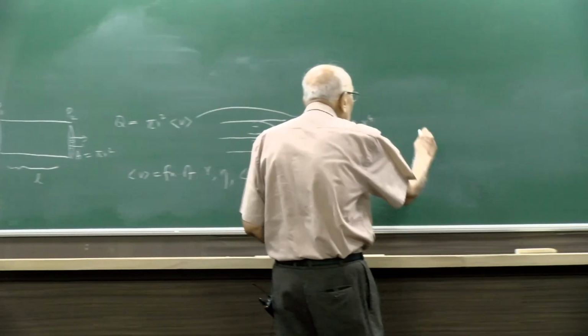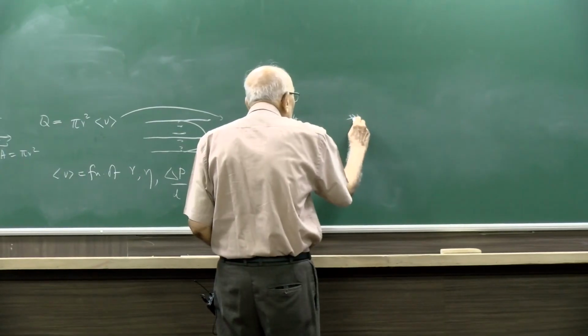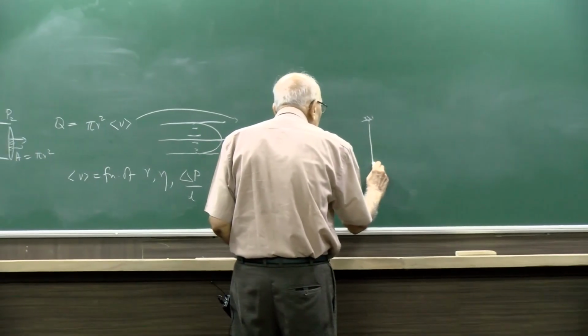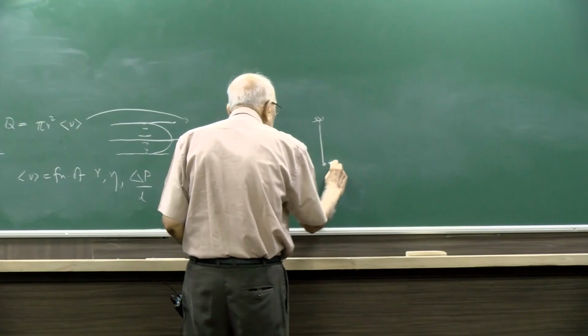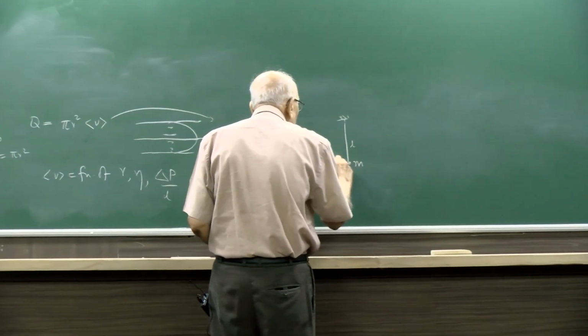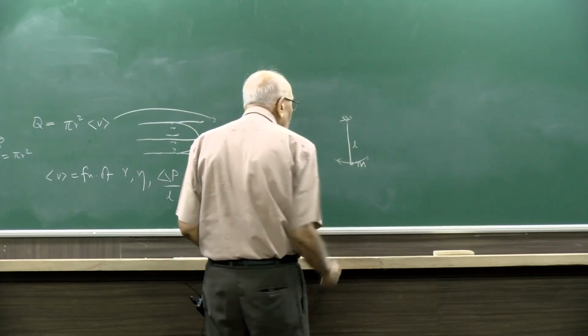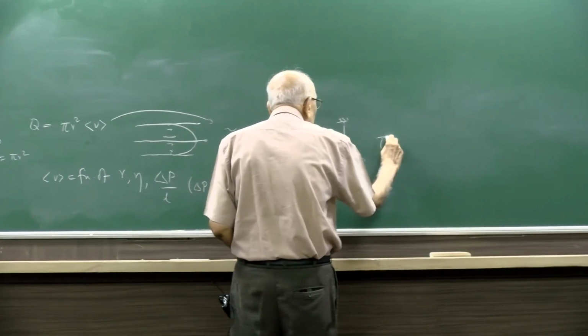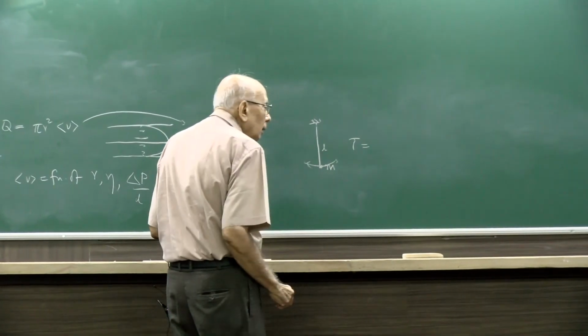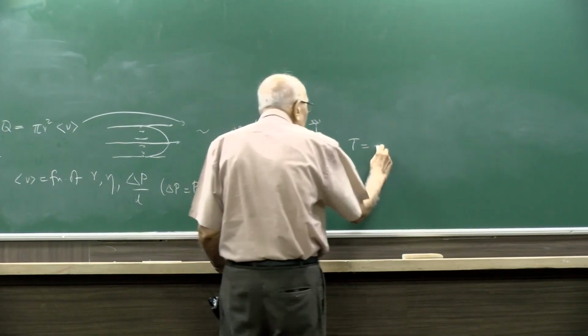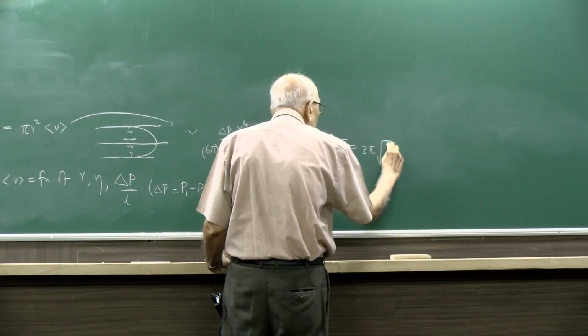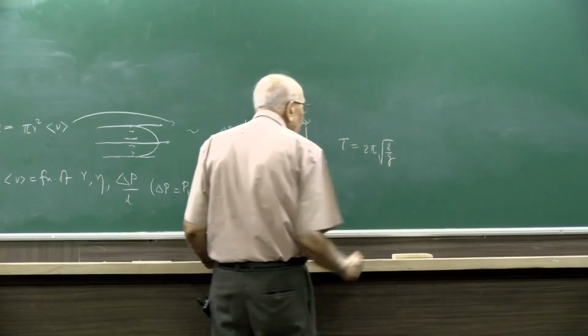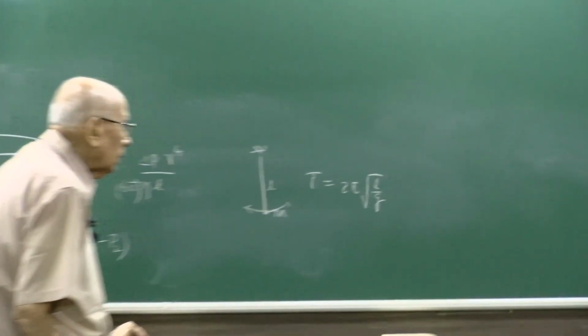You're familiar that if you took a simple pendulum of length L, bob mass m, and it's oscillating back and forth in simple harmonic motion, the time period is equal to what? 2 pi root of L over g for small oscillations.